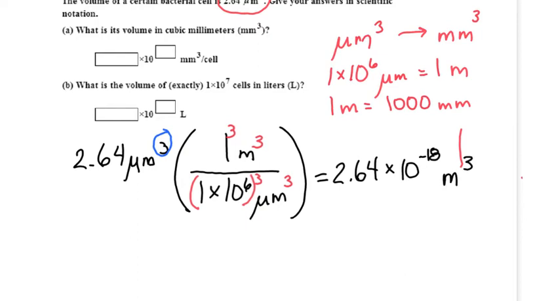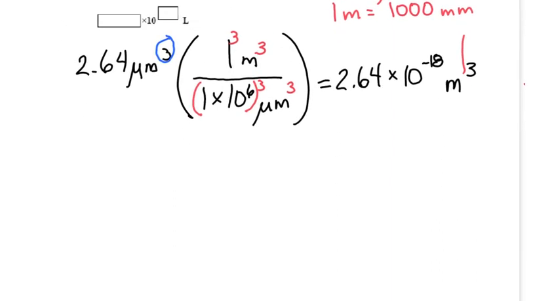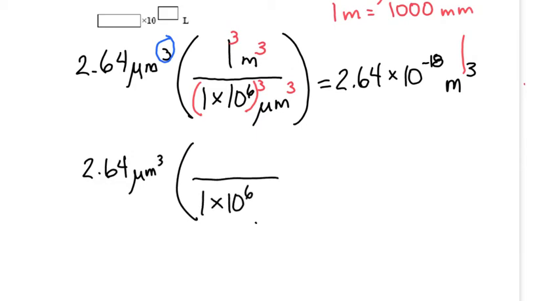meters cubed. Now, if you've been doing this on Connect, sometimes what you'll see is the exact same process, but they use parentheses instead. So they have 2.64 micrometers cubed, and they do the same thing. They say that there's 1 times 10 to the 6th micrometers in a meter.